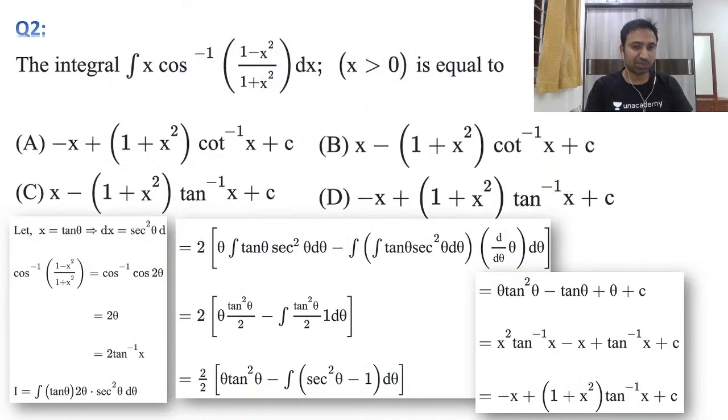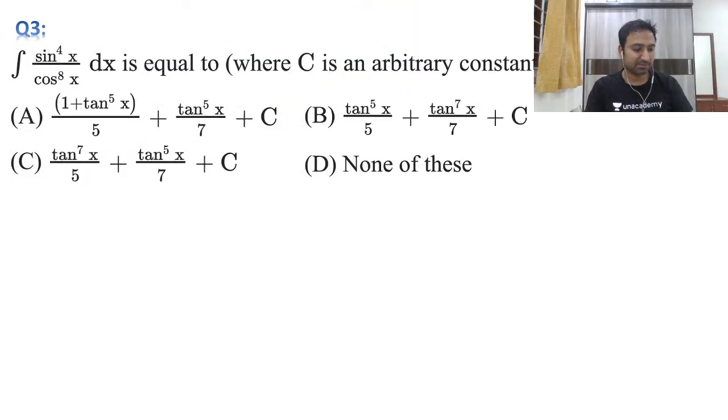Chalo, let's do the next question. Integration of sin power 4x by cos power 8x dx. So guys, if you observe, each and every option contains tan x. That means we need to take tan x equals t, guys.